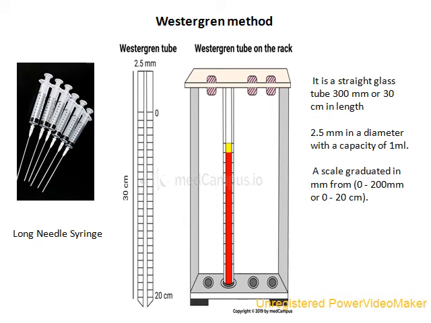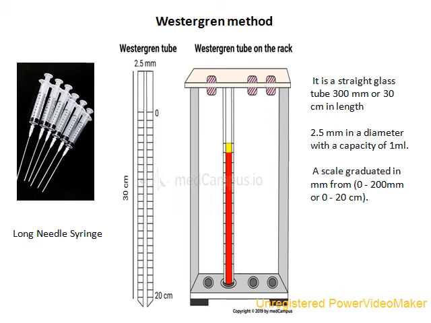Alright, what are the materials needed? We need a long needle syringe to load the blood, that is the anticoagulated blood. And we can see here the Westergren tube, a straight glass tube of about 300 millimeters or 30 centimeters in length.